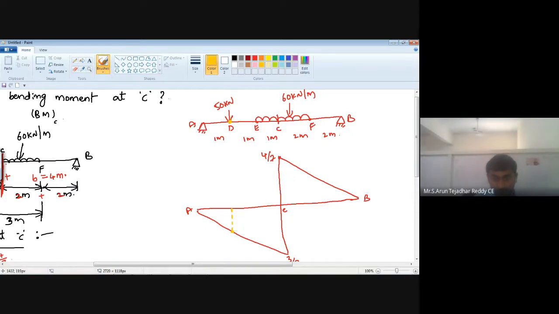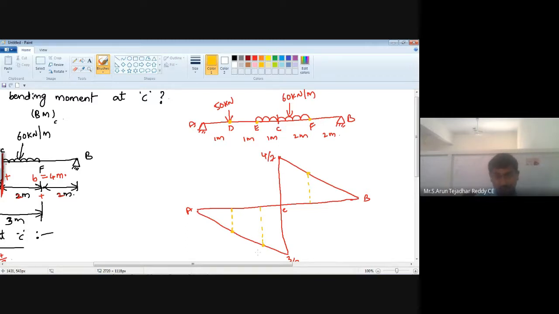Okay. Now at point E, the uniformly distributed load is acting. So below that, draw one line here and give one ordinate here. And at point F, the ending of the UDL, below that, draw one line and give one ordinate here.